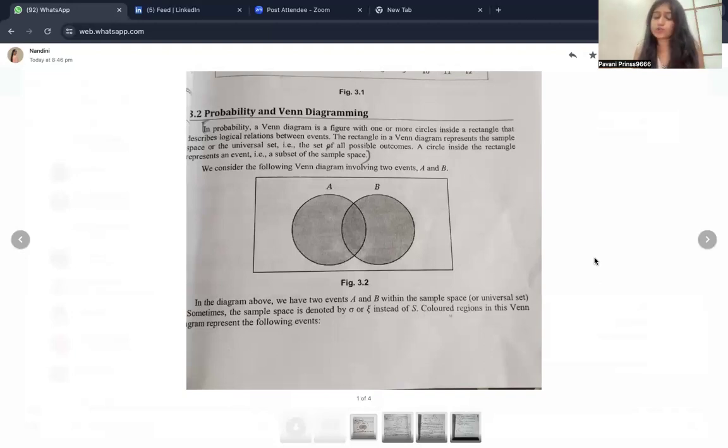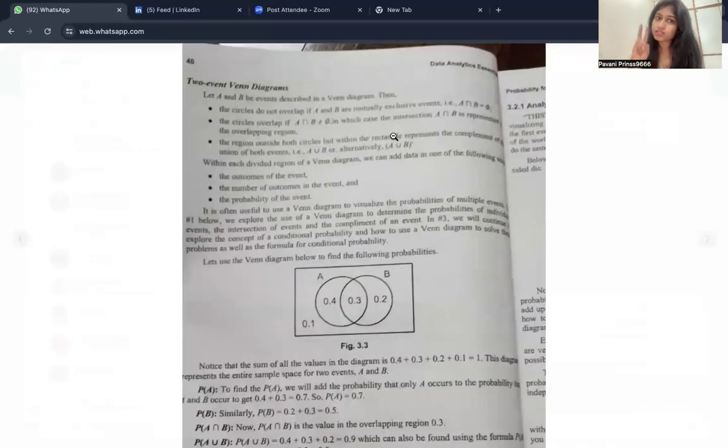Okay. So let's move on to the next concept, which is the two event Venn diagram. If they are not overlapping with each other, what do you call them? Mutually exclusive events, isn't it? Is there any intersection between them? No, there is no intersection between them. So A intersection B will be equal to null.